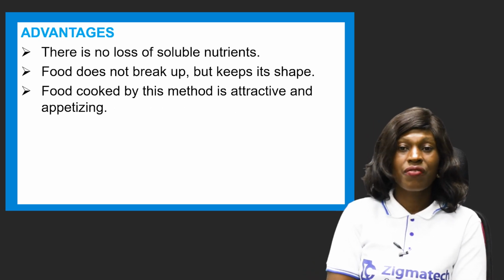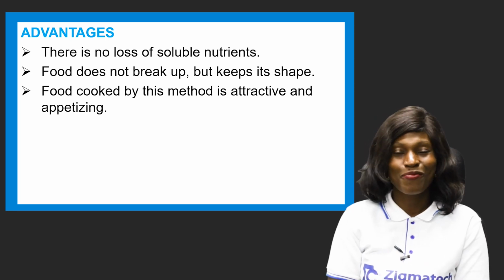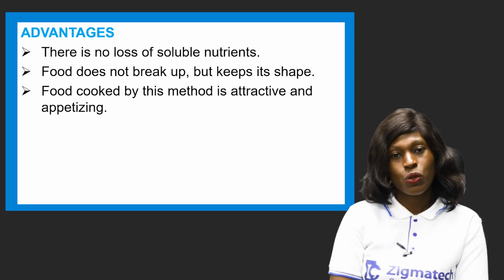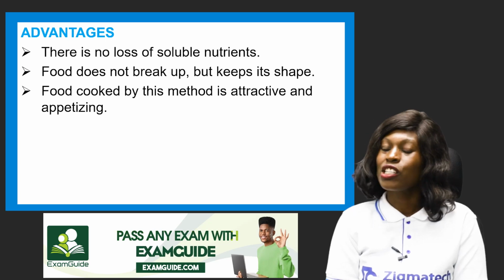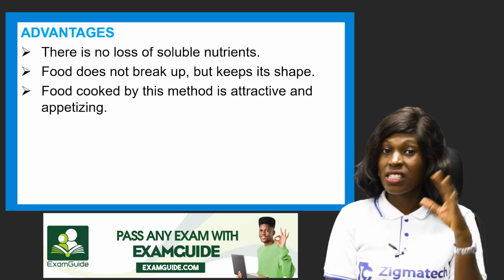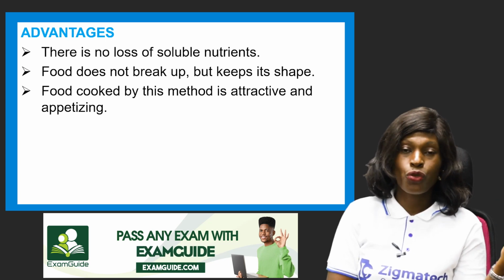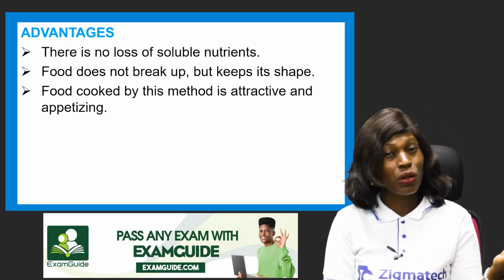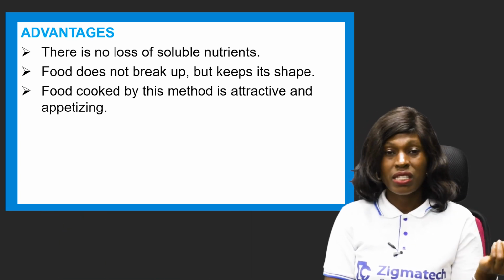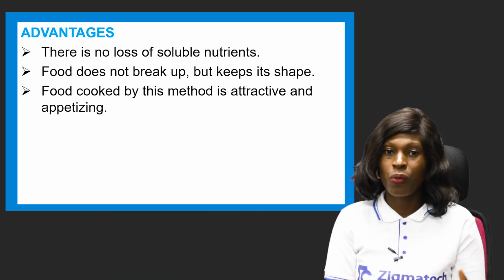Now let's look at some of the advantages of baking. There's no loss of soluble nutrients. When you bake, you do not lose soluble nutrients, as against other methods of cooking like boiling, where you lose a whole lot of nutrients such as vitamin C and B complex vitamins.